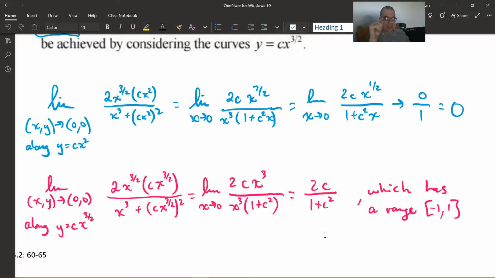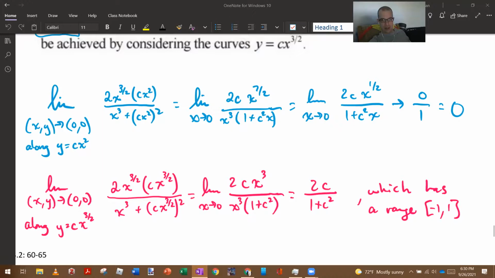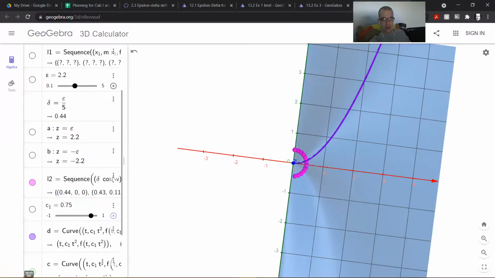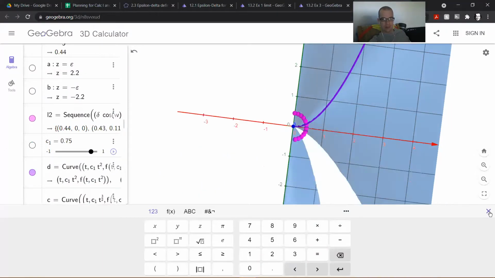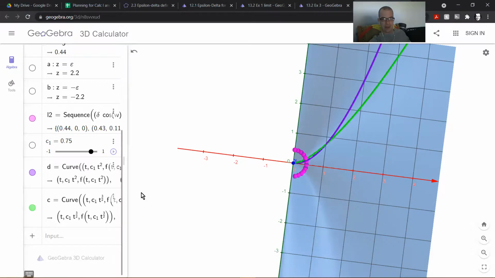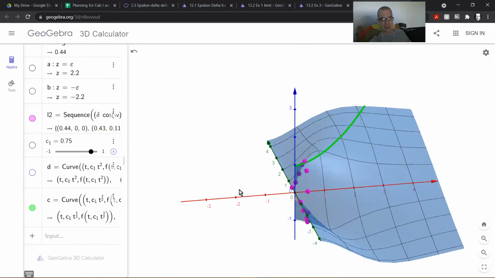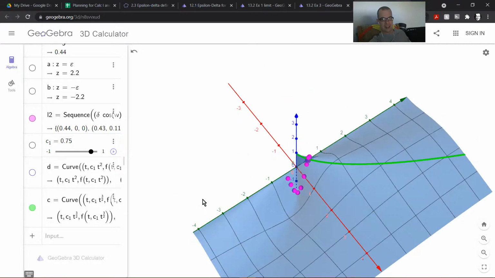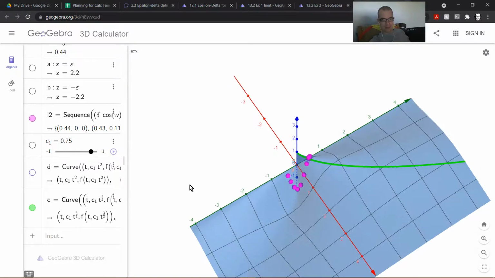And so we can see that as we change c here along this green curve, which kind of looks like a parabola, but it's a cubic function that's been mashed with a square root function.